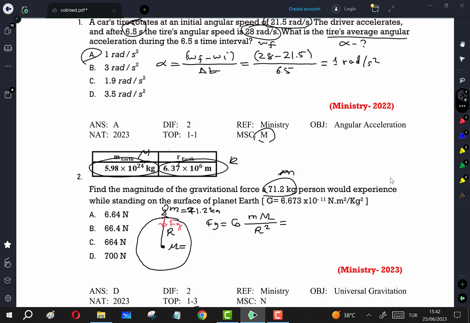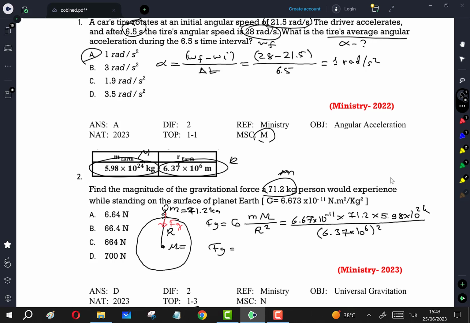So G is 6.67 times 10 to the power of negative 11, times the mass of the man 71.2, times the mass of the planet 5.98 times 10 to the power of 24, divided by r squared, 6.37 times 10 to the power of 6, squared.